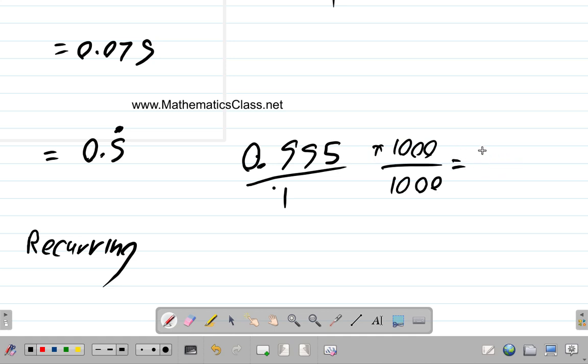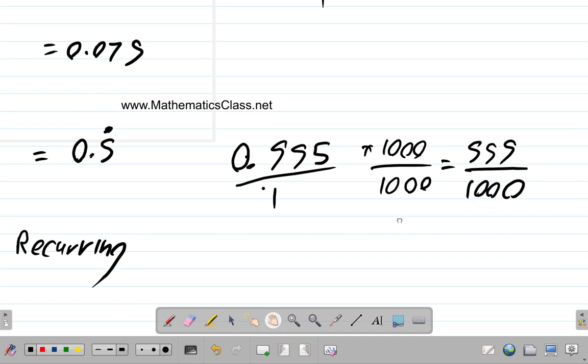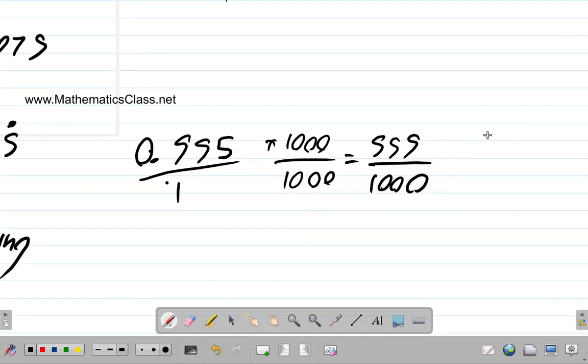And you say this is 555 over 1000. And then you try your cancellation. And you say 5 into 555 is 111. 5 into 1000 is 200. Right?